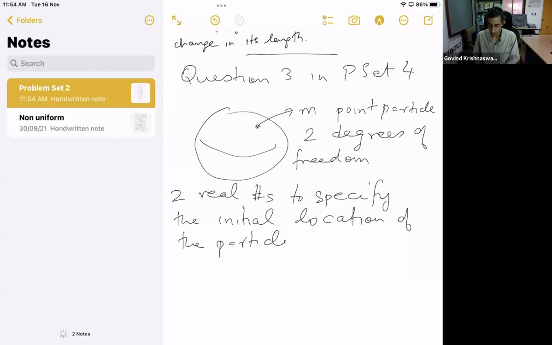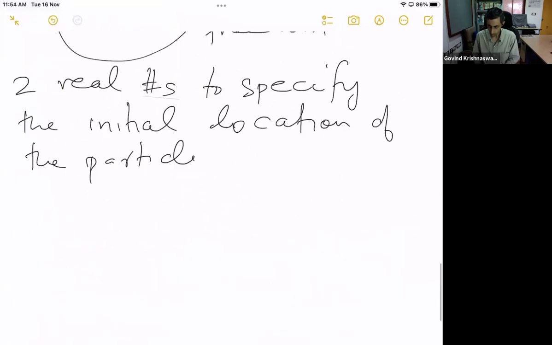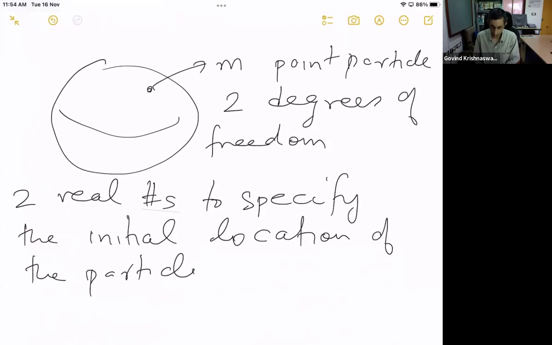Basically, it can move, and the two degrees of freedom, you can choose them in many ways. You could choose them as latitude and longitude. That would be a fine way to locate the particle.